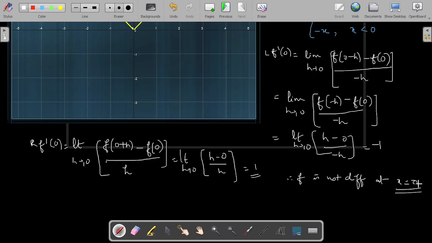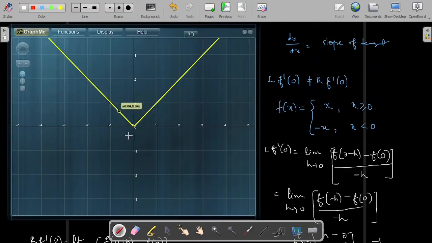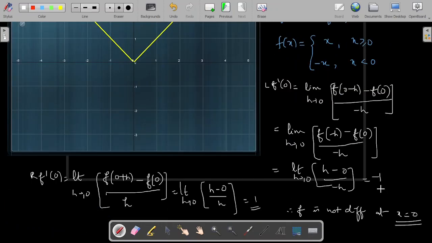That means the modulus function is not differentiable at x equal to 0, but it has a derivative at points other than 0. For x less than 0, its derivative is minus 1. For x greater than 0, its derivative is 1. We can't conclude that the modulus function is not differentiable anywhere. That is wrong.